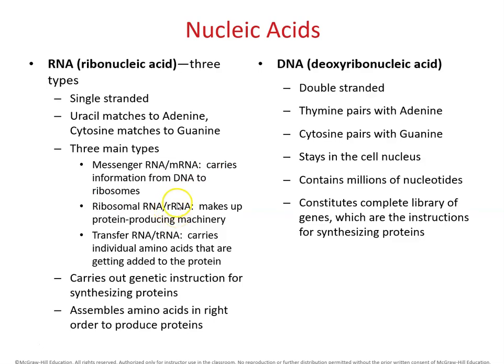And we also have small bits of RNA called tRNA, or transfer RNA, that haul around the amino acids that are getting added to the protein. And these two we're going to spend quite a bit of time talking about later on. So RNA's whole job is to carry the genetic message from the DNA in the nucleus out to the ribosomes in the cytosol where proteins get made.